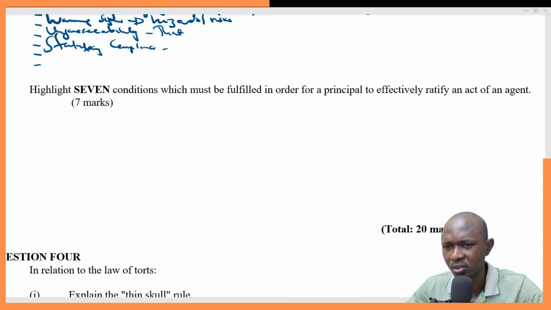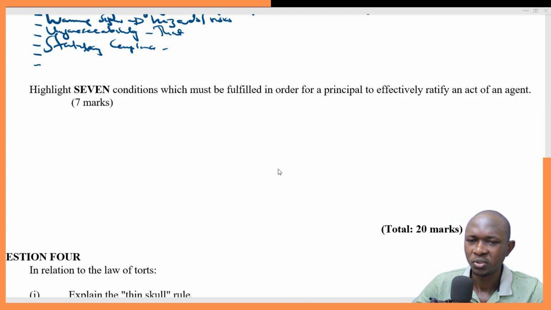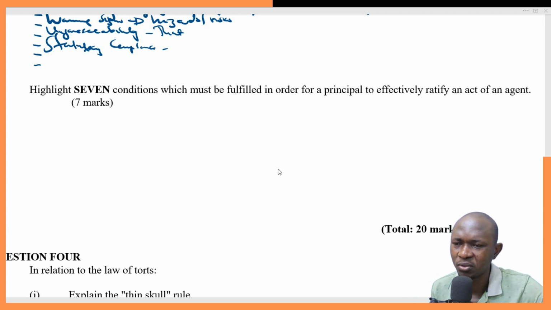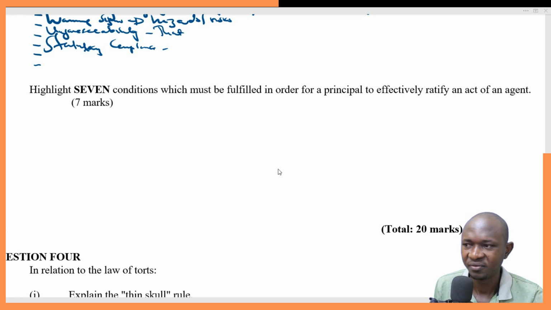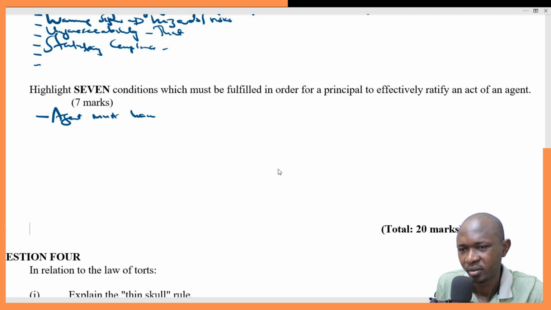Just check something. Okay. So the last bit of this question: highlight 7 conditions which must be fulfilled in order for a principal to effectively ratify an act of an agent. Number 1, the agent must have purported to work for the principal.